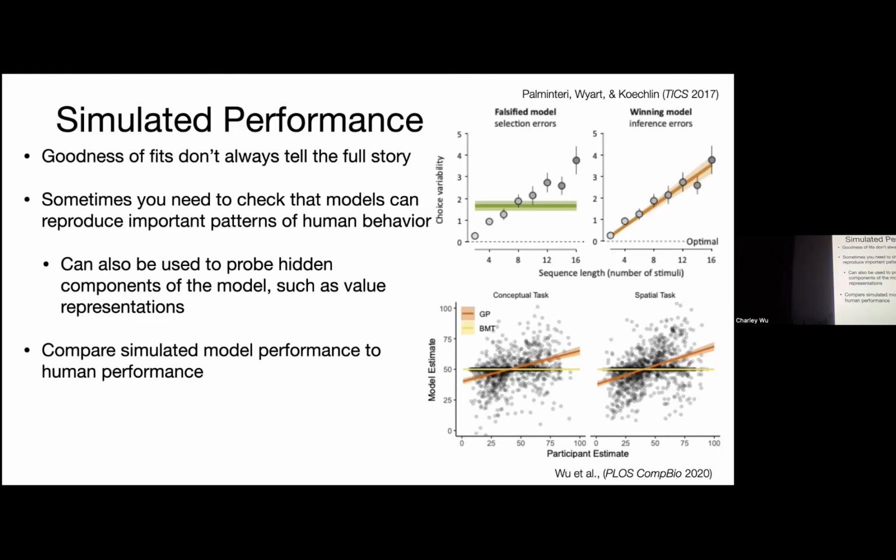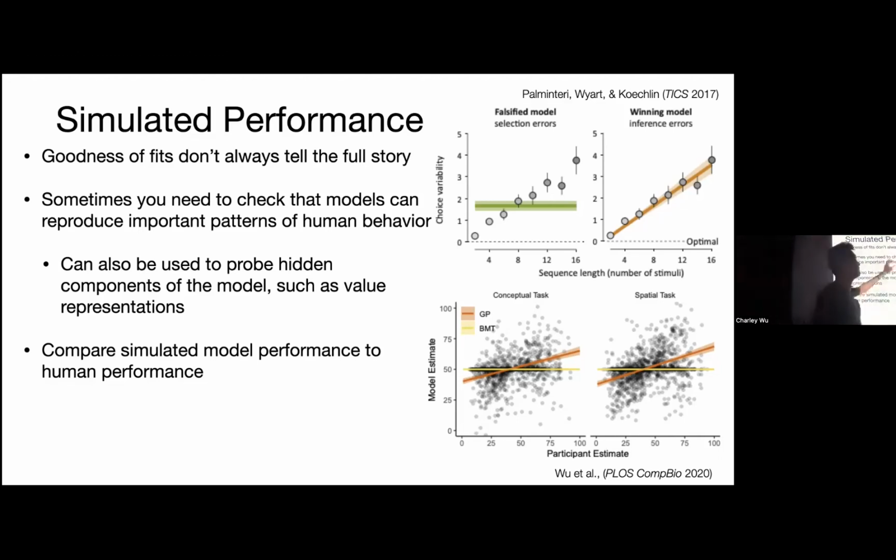It might still do reasonably well in the actual log loss approach to model estimation, but it doesn't capture this essential feature of human behavior. Another model should rather be preferred, right? So you can't tell the full story just using the goodness of fit measures, and you also want to check that the models are reproducing important patterns of human behavior that you're interested in, right?